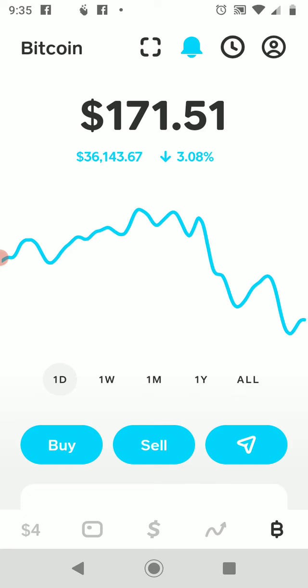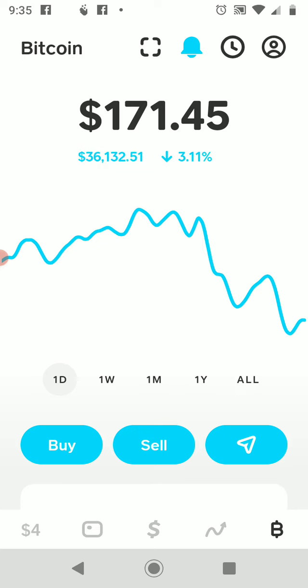It's consistently kind of gone down and then back up and down, but there were still a lot of days in there where you could have taken some profits if you had money invested in Bitcoin.